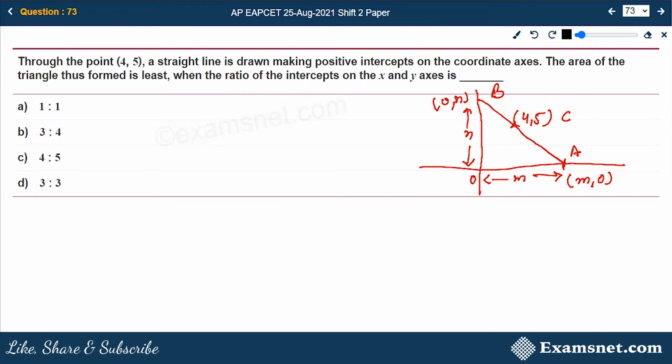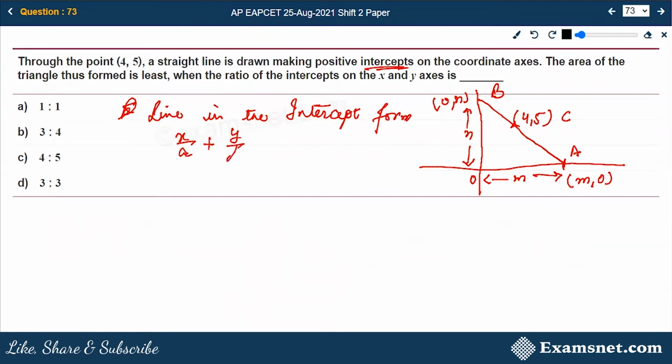First of all, we have a number of things in the intercept form. In the intercept form, the general equation of a line is represented as x upon A plus y upon B is equal to 1.